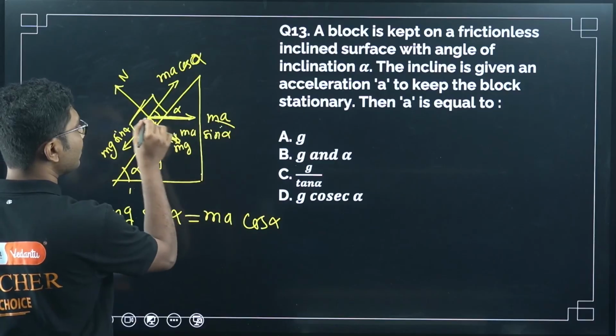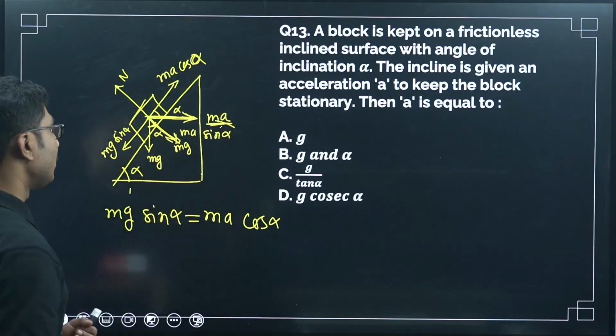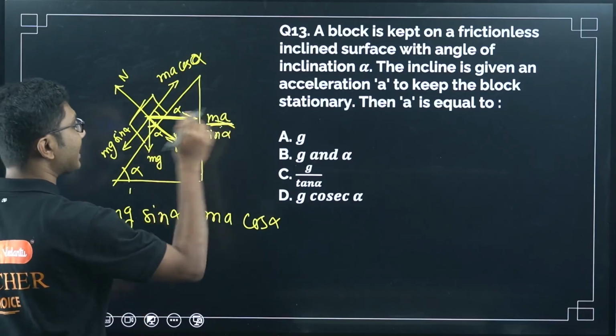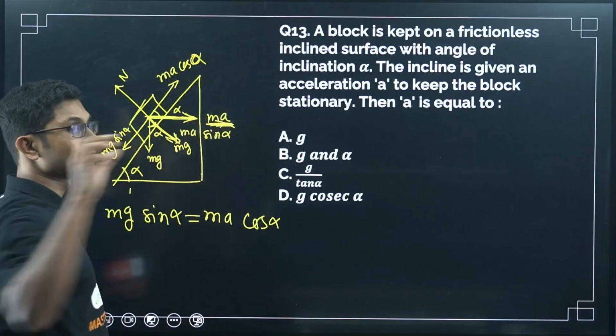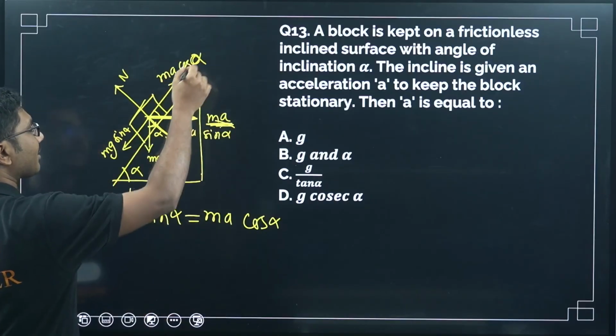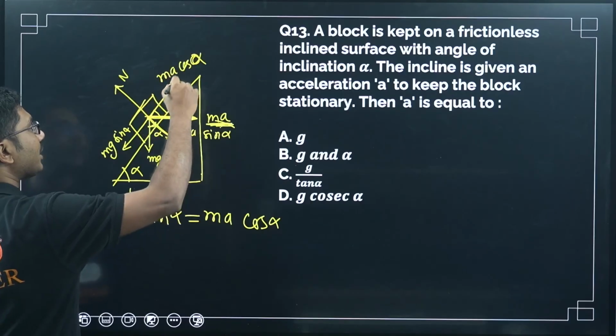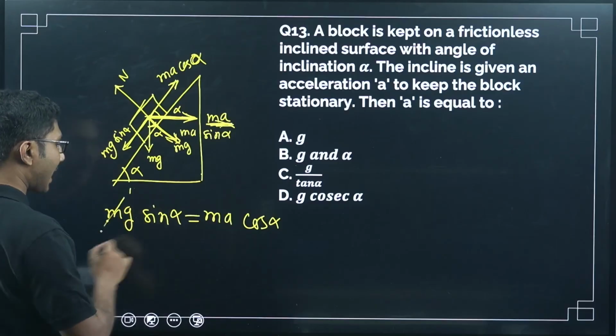This is due to the force of external acceleration. Some external force is acting on it, so because of that there is an acceleration, and that acceleration is causing a force. That force component along the incline should be in the upward direction, this should be in the downward direction, and in case of equilibrium they should balance each other.